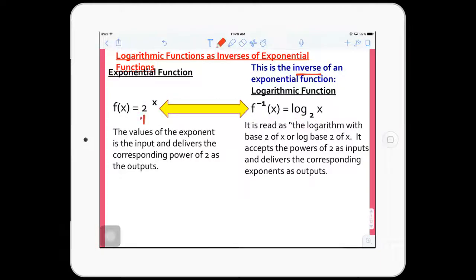So this exponential function has a base of 2, and the logarithm that is the inverse of it is going to have the base of 2. We read this function as the logarithm with base 2 of x, or log base 2 of x. And it accepts the power of 2 as input and delivers the corresponding exponents as output.